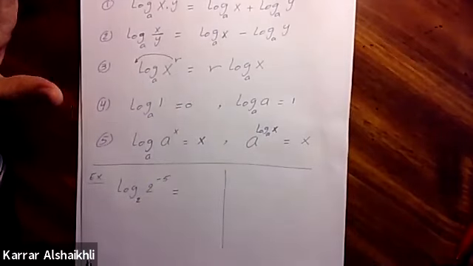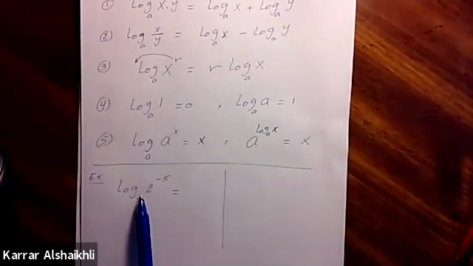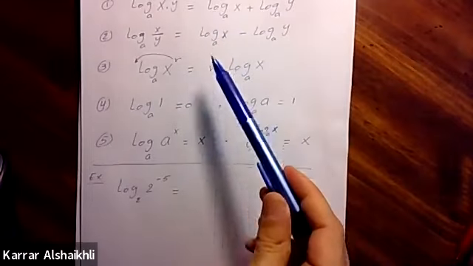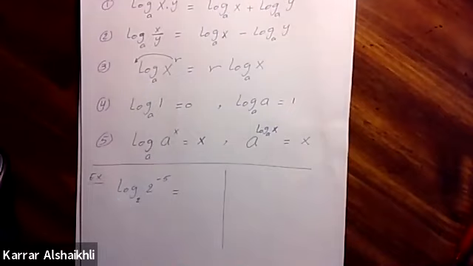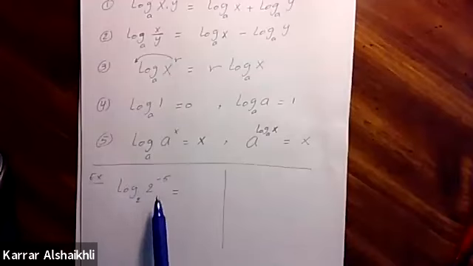Who's going to tell me how much the result is and which rule? Check one of these rules that is exactly similar to what we have here. Which rule is similar to this one? Someone tell me. Number 5.